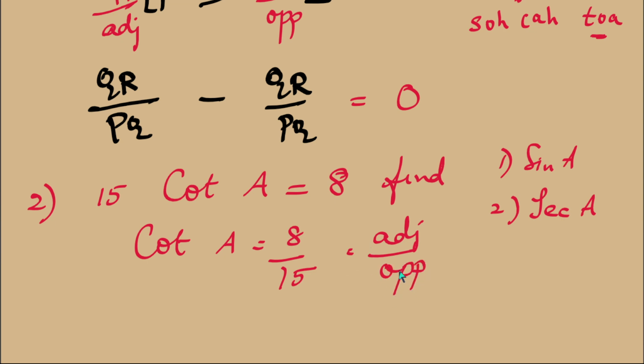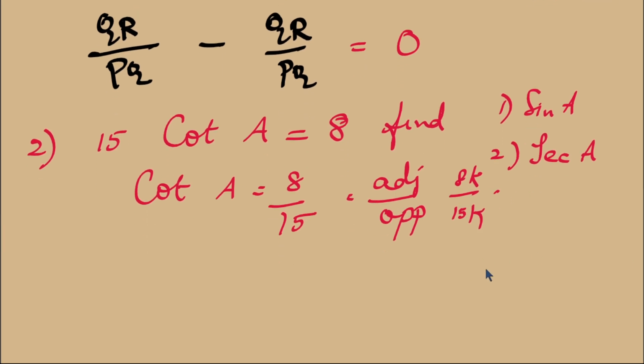So in one right angle triangle, we have the adjacent side and the opposite side in that ratio. So if we take the adjacent side to be some 8k and opposite side to be some 15k, let's find what the hypotenuse of that triangle would be. Using the Pythagoras theorem, the hypotenuse would be equal to the square root of 8k the whole square plus 15k the whole square.